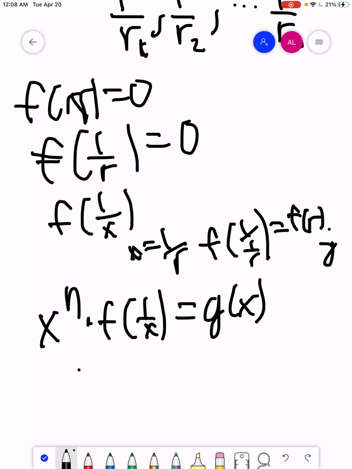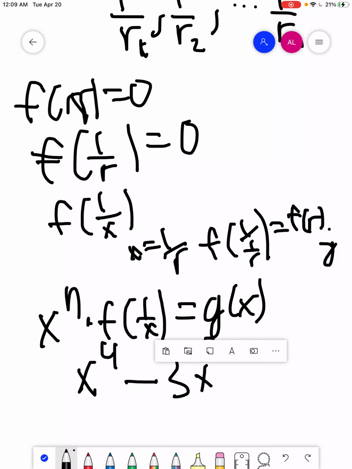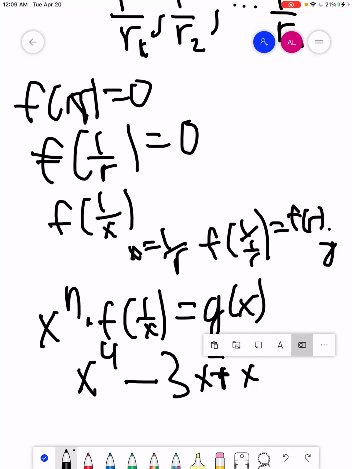Let's say I want to find a function with the reciprocal of the roots of the polynomial x to the 4th minus 3x squared plus x minus 9.